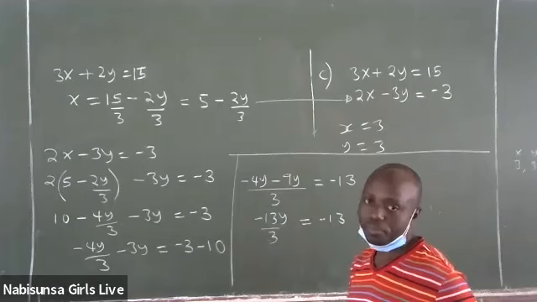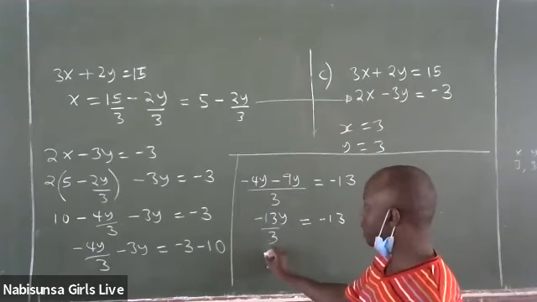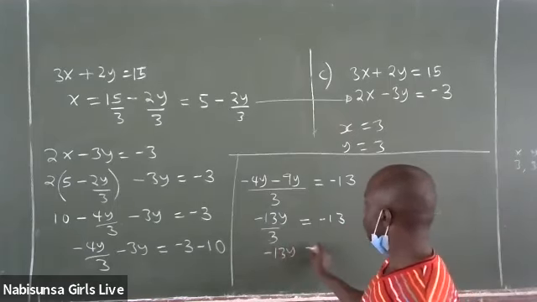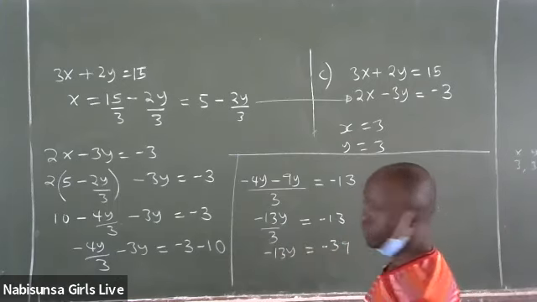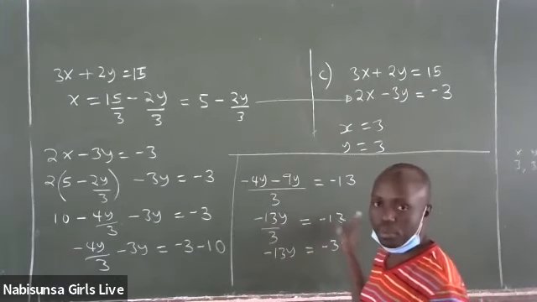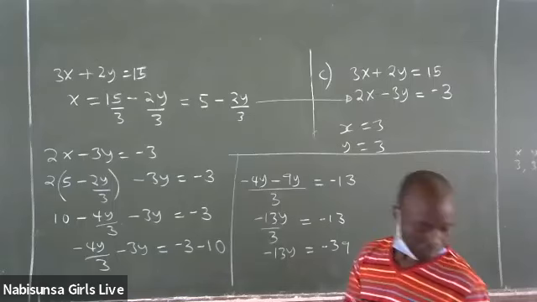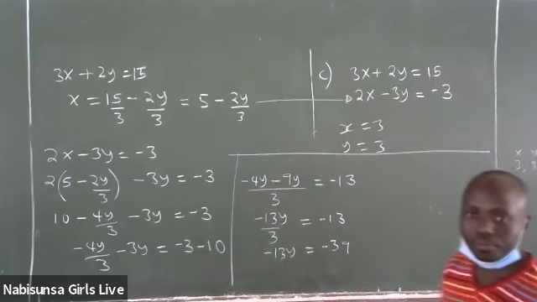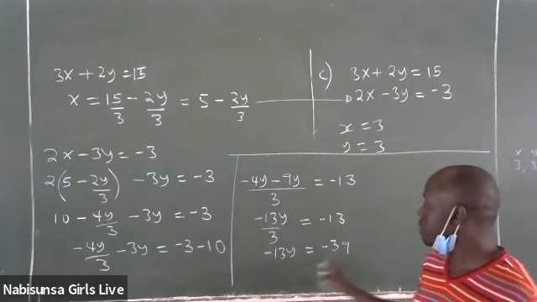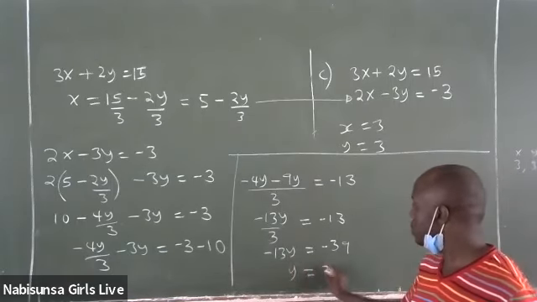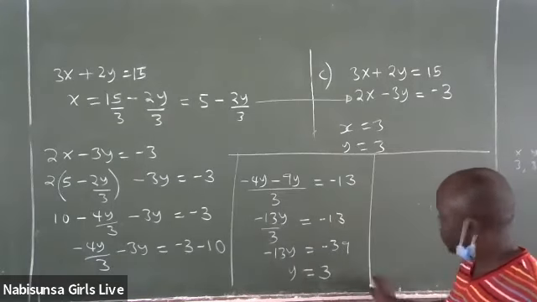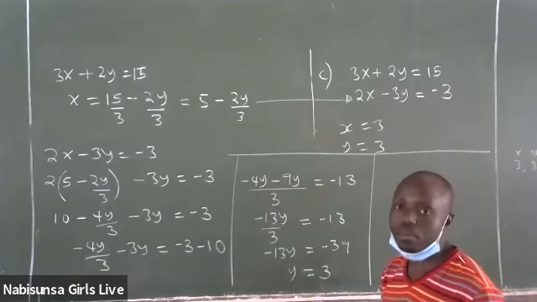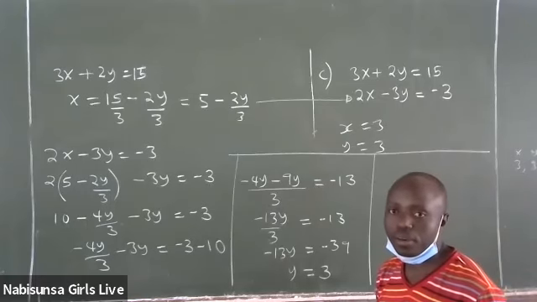Okay? So let us first multiply by 3. We get negative 13y is equal to negative 39, times 3. Fine? Yeah, it's fine. 13 and you get y at what? 3. Mariam, have you seen now how things are?